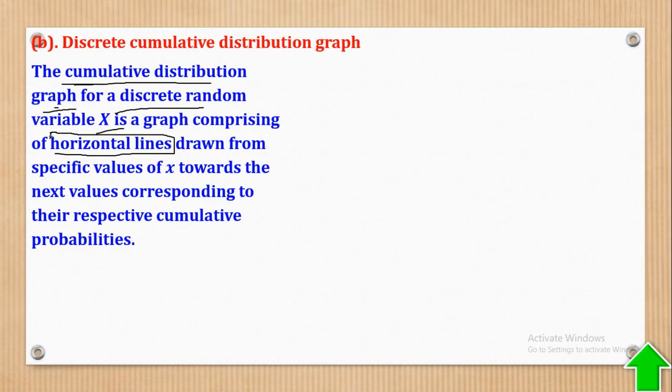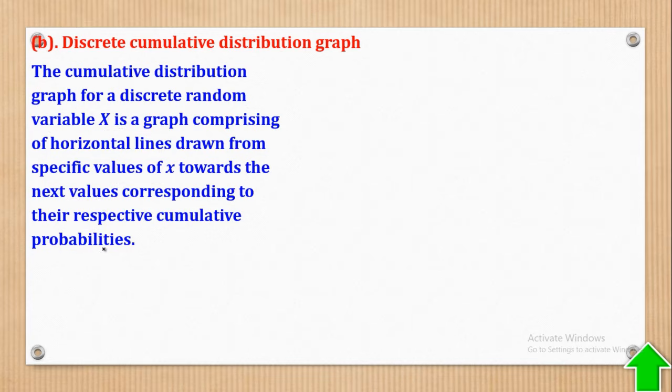Remember, for the discrete PDF probability distribution graph, it was represented by vertical lines, but these ones are horizontal lines drawn from specific values of x towards the next values corresponding to their respective cumulative probabilities.